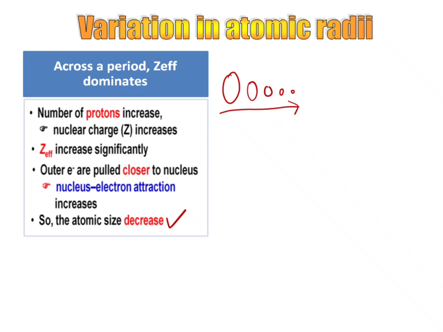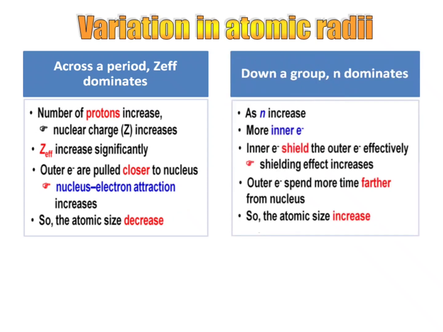Okay, next we look at variation of atomic radii down a group. Okay, so down a group maksudnya menuruni kumpulan. Contohnya down a group 1, okay, when down a group, n will dominate. Maksudnya kita akan refer kepada number of shell.